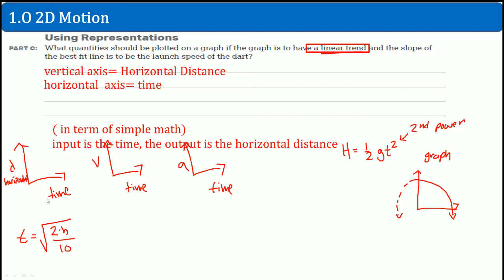In simple English, in simple math, imagine the input is time and the output is the distance dropped. Okay, that's the distance dropped by the dart of the crossbow.